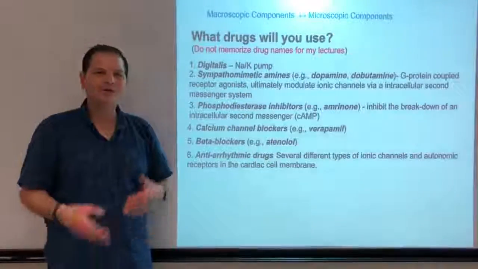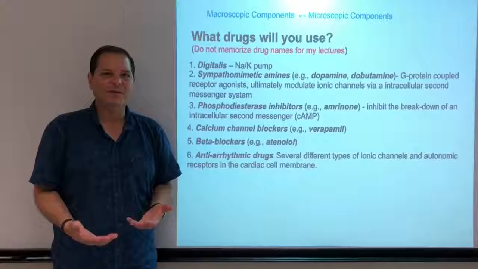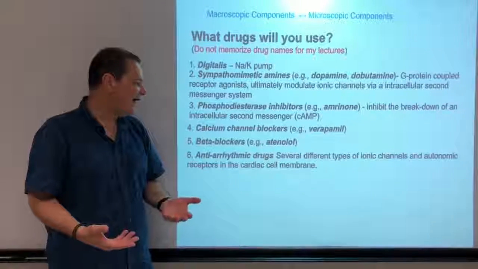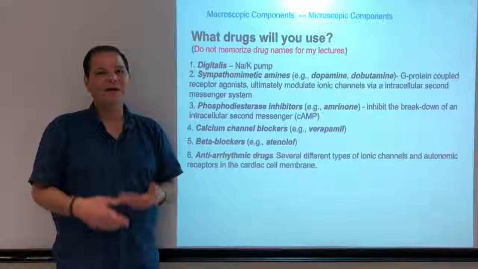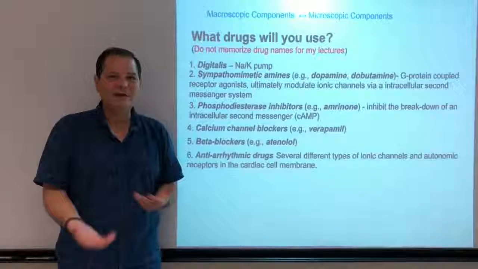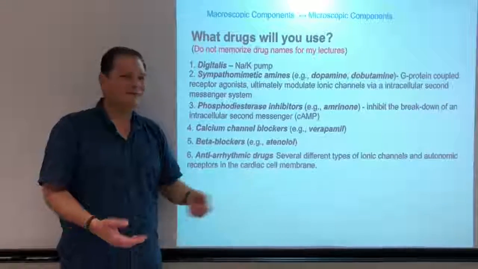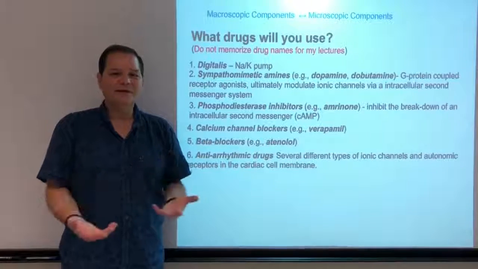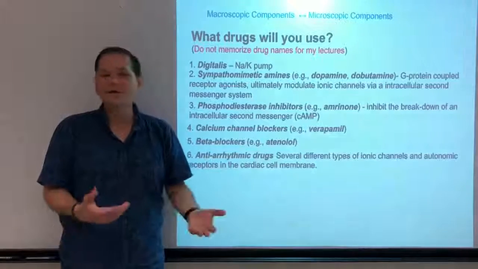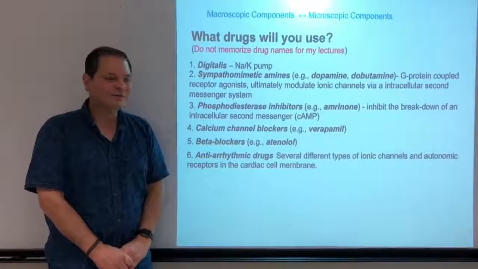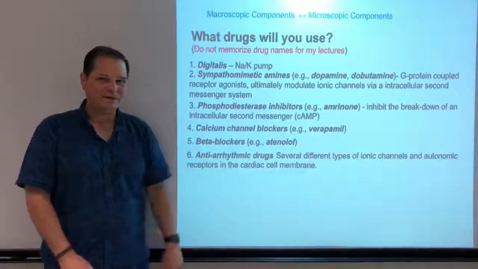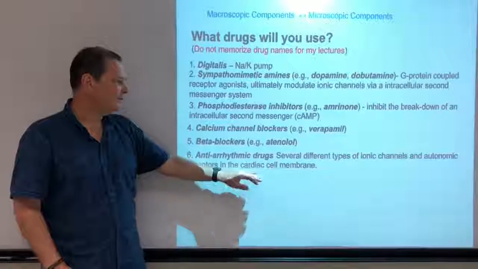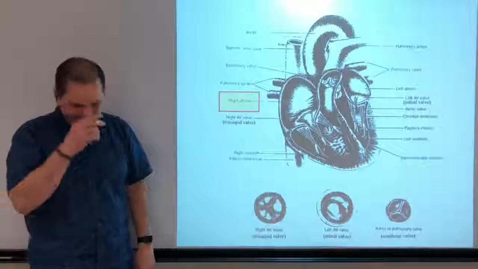Once again, the importance of understanding these channels and how they work, how they result in the generation of an action potential, how that action potential propagates around the heart, and how alteration of the activity of those channels can alter the way that propagation happens and either cause or relieve arrhythmias. This is something that we will be teaching you in some detail during this block. And in order to understand it, you have to understand how the channels work.